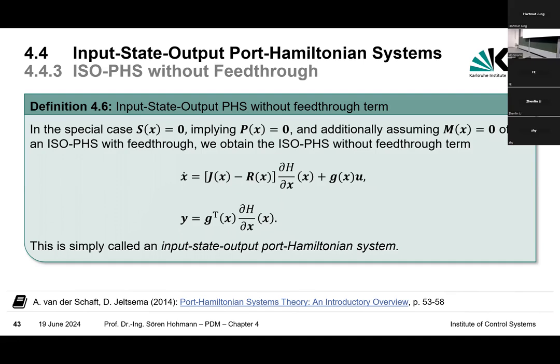What we see here, because it depends on the state, is the typical system description which we find in non-linear systems. In a linear version, these matrices here are constant. G is constant here as well. And here we find the state. So it's as simple as that.